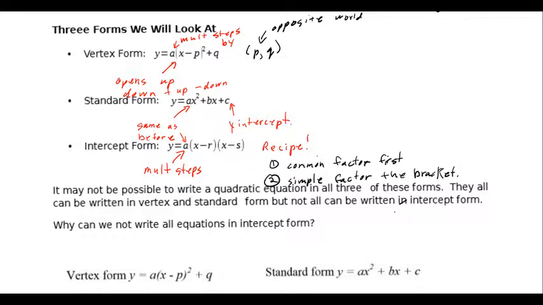Now, what I want you to remember is, not all the time will we be able to convert between all three forms. Sometimes the forms are just absolutely ridiculous. So anytime you have to use, say, the quadratic formula to find the x-intercepts, which is what the intercept form finds, you probably have something that doesn't factor well, which won't be able to be put in intercept form very easily.